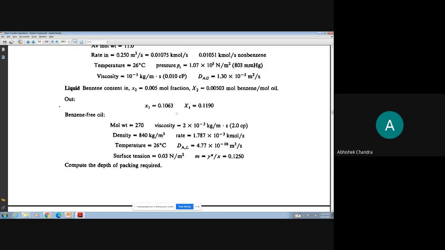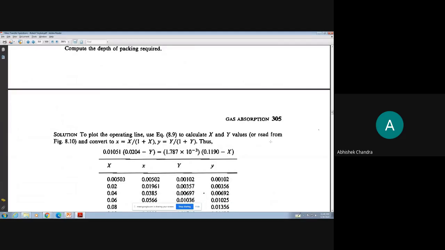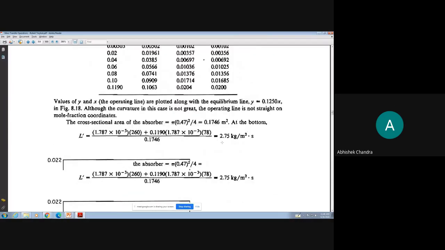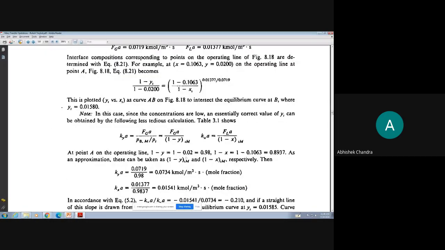the liquid composition. In the tower, at the same point, whether we look at the top or the bottom, the composition is taken accordingly. Here the composition is taken at the same point, so whichever x composition we take is the same as the y composition at the same point. Therefore this is at the inlet composition, that is the bottom, so at the bottom take the liquid composition, use this composition, and find out 1 minus y and 1 minus x and put them here. FGA is known, put this value here, and similarly FL is known, put this value here, because these two are known values, FGA and the mass transfer coefficient in the bulk case.